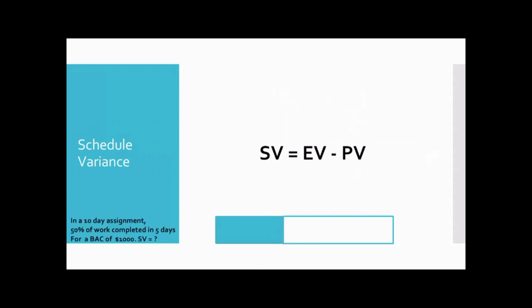Let's take an example. In a 10-day assignment, 50% of the work was completed in 5 days. Okay, 0, 5 days, and then 10 days. I'm using very simple examples, you can just relate to that. Budgeted completion of $1,000. The earned value in 5 days is $500 minus planned value. So what had you planned to complete?